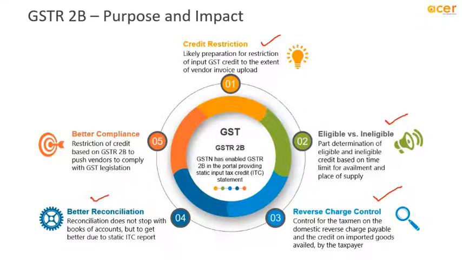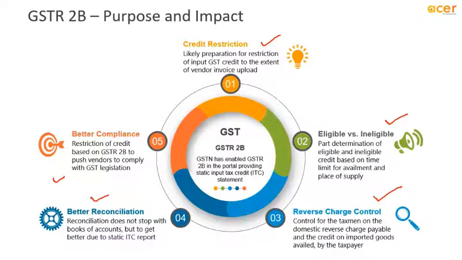The aim of the government has been to improve compliance from the vendors, and especially smaller vendors where the compliance is not up to the mark and high standards. If one of the purposes of this GSTR 2B is to restrict the credit as per the 2B, then the taxpayers will be eligible for credit only up to 2B, irrespective of the actual invoices they have received and their actual entitlement.